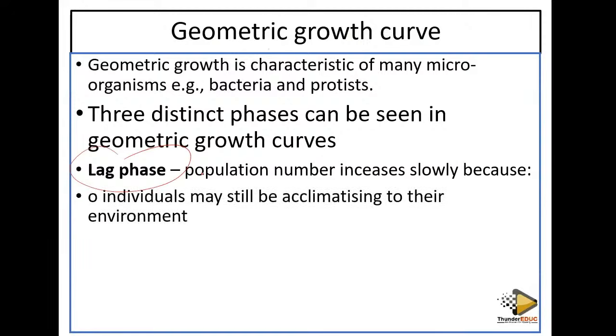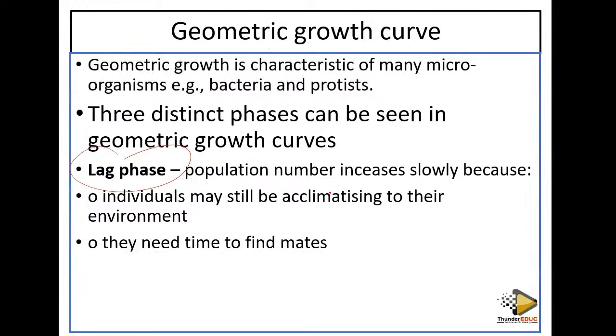Number two, here the population number increases slowly because the individuals might still be accumulating. They are trying to get used to the environment. So therefore, there is a lag, there is low growth.